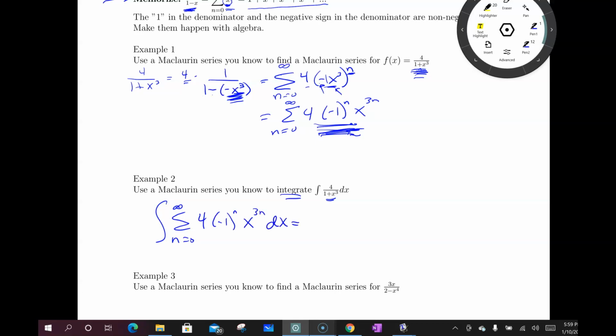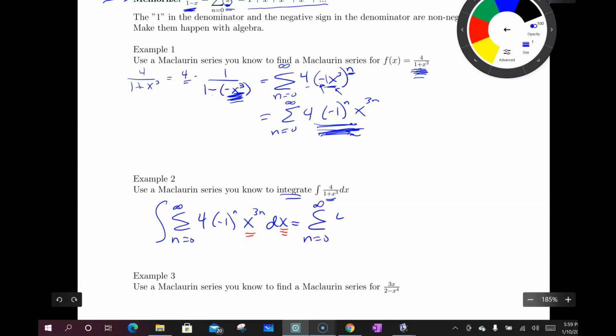Okay, so let's talk about how we do the integral. It's the x that I add 1 to the exponent, correct? The rest of it carries along: the summation n equals 0 to infinity, 4, negative 1 to the n. They all carry along. And now I integrate x to the 3n.